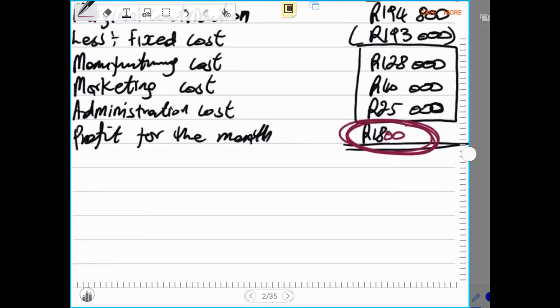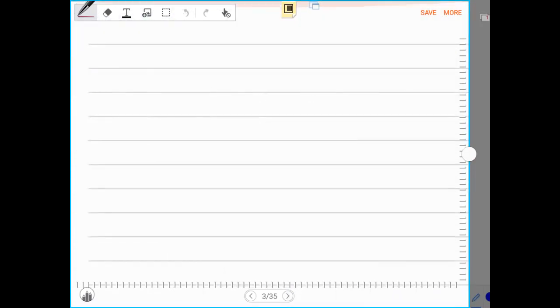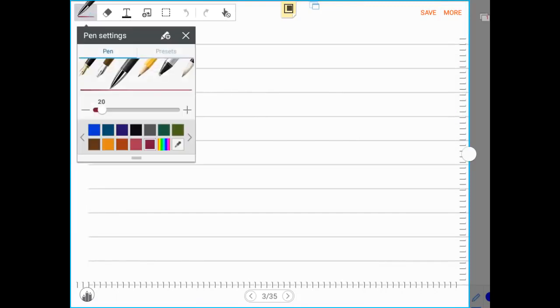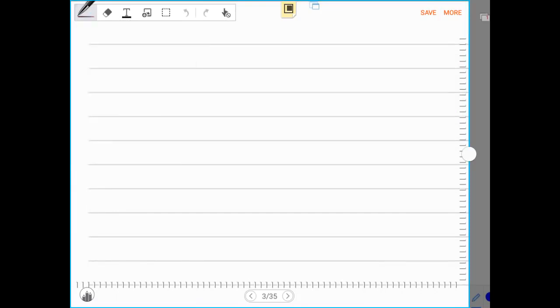So now we are doing the second income statement, which is the absorption income statement.